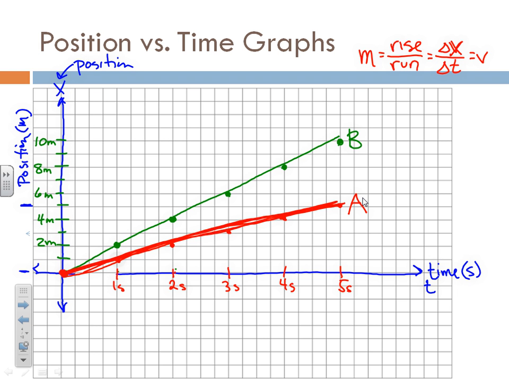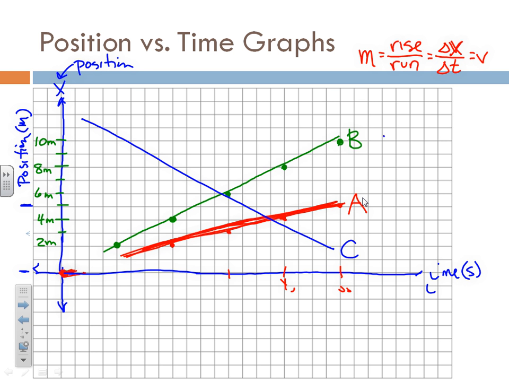All right. So let's say we had a line that looked more like this. Oh, that would not be B, that would be C. So let's call this line C, all right? And we might ask ourselves, all right, what is this object doing? Well, it has a straight line, so that must mean that it's traveling at a constant velocity. But this time, the slope is actually in the opposite direction.